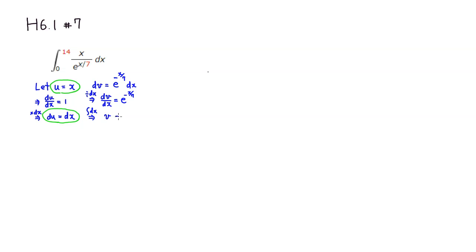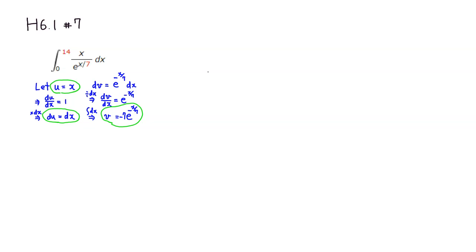The antiderivative of e to the negative x over 7 is e to the negative x over 7, divided by the derivative of the exponent, negative 1 over 7, which is equivalent to multiplying by negative 7. Now we've got v.